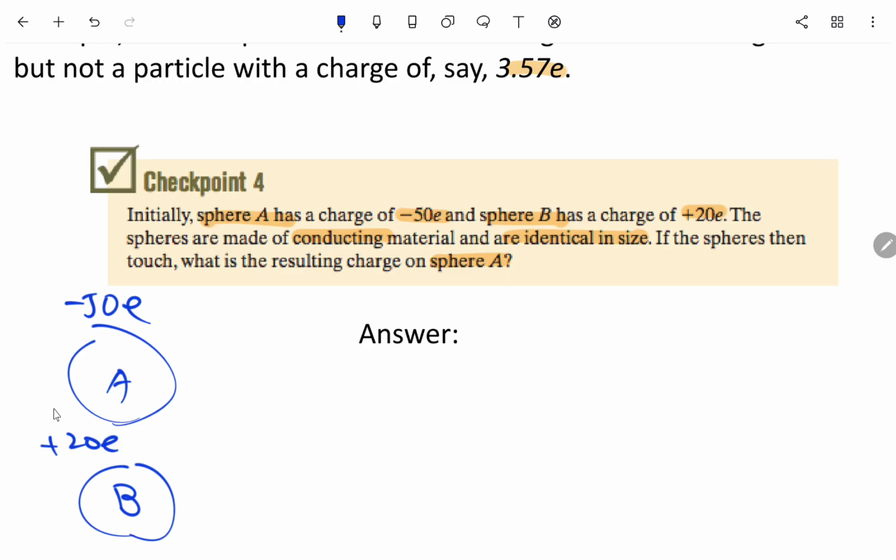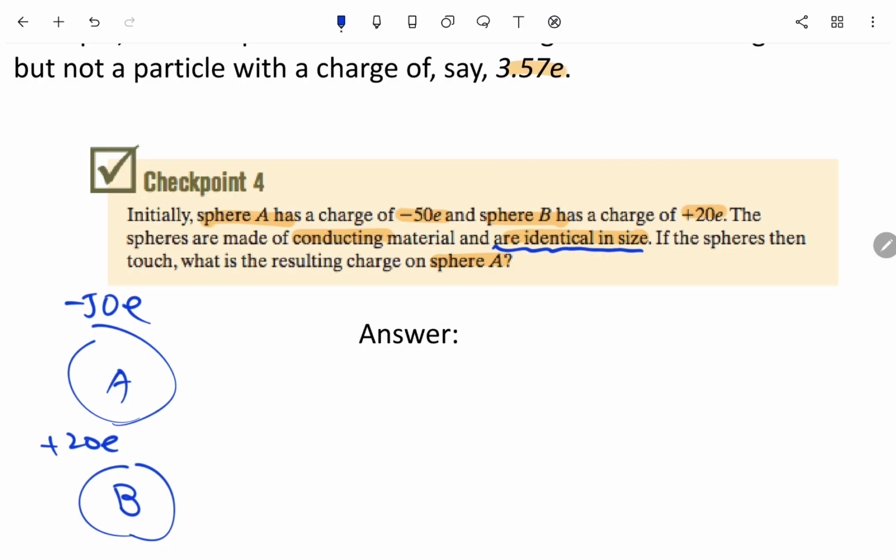After contacting each other, and since the two spheres are identical in size, the charge will be redistributed equally among the two spheres.